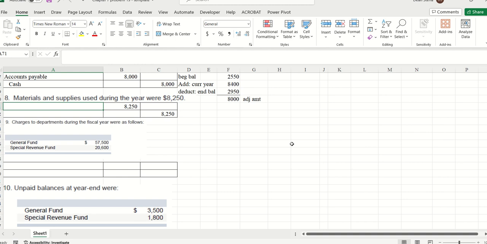But what accounts are we going to hit now? We're going to hit cost of materials and supplies used, and credit materials and supplies inventory.